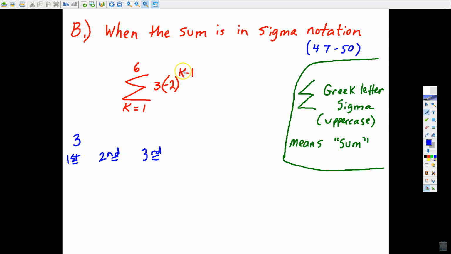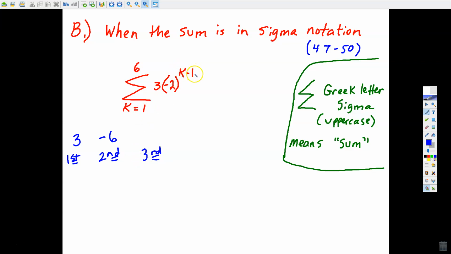When I put 2 in for k, I do 2 minus 1. That wasn't very smart. So 2 minus 1 is 1, and negative 2 to the first is negative 2, and then negative 2 times 3 is negative 6. Sorry about that. All right, so to get the third term, I'm going to let k be 3.